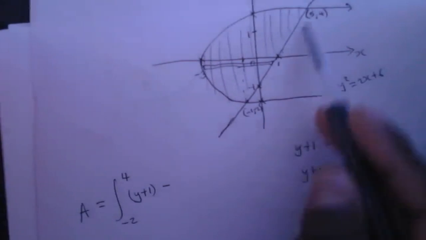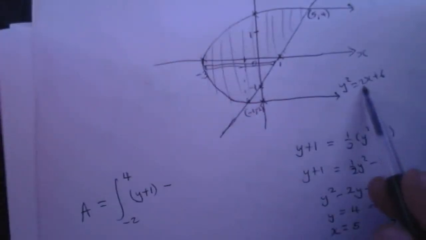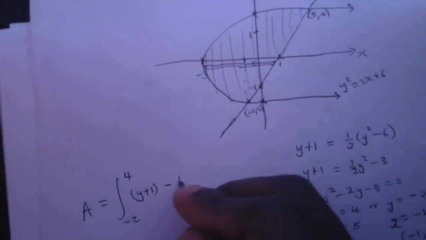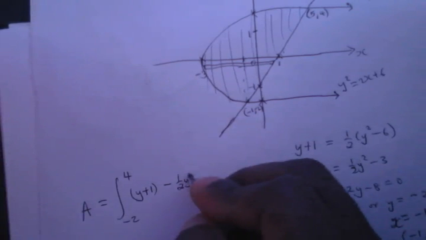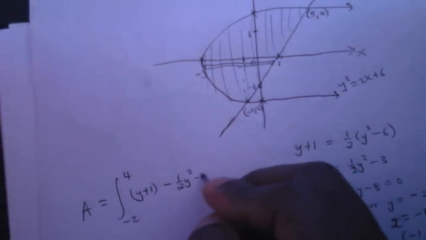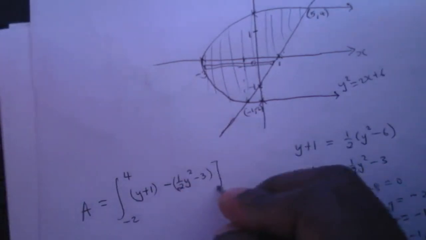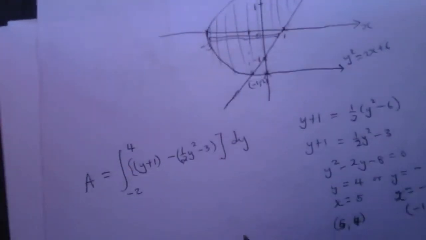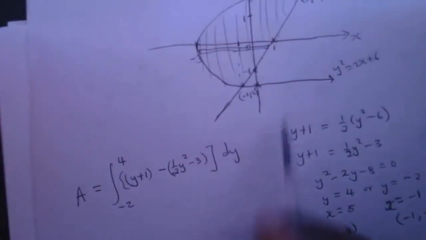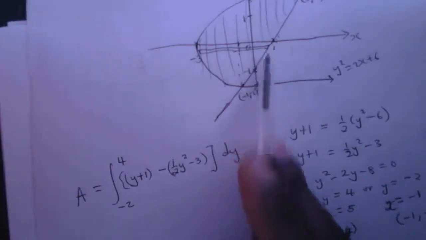The left graph is the parabola, but now we need to write x as a function of y. So it's minus half y squared minus 3, and all of this dy. There we go. We integrate in terms of y because we're using horizontal histogram.